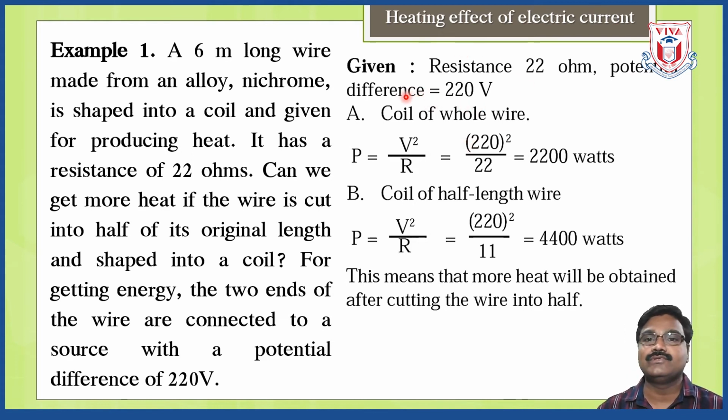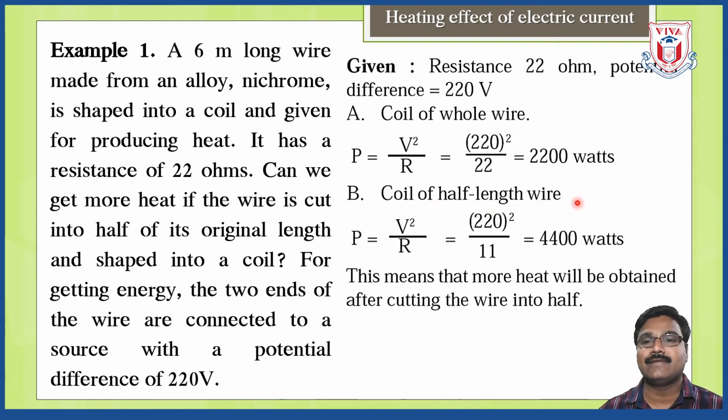Now if we use the coil of the whole wire, P is equal to V square upon R, where V is 220, R is 22, and we will get 220 square upon 22, and the answer will be 2200 watts. Now let us consider half length wire.